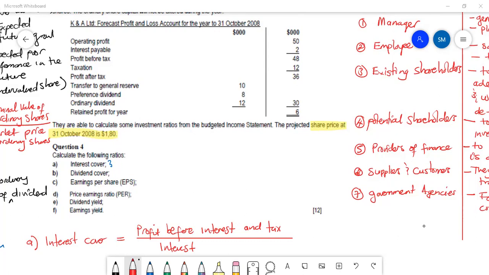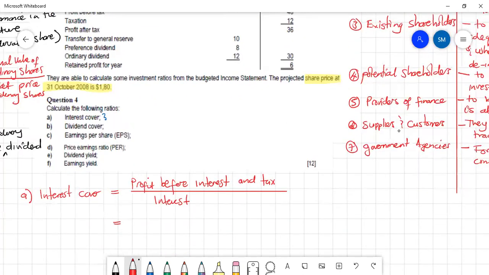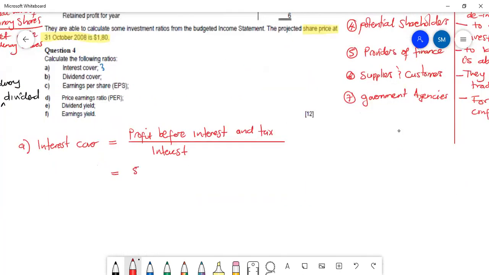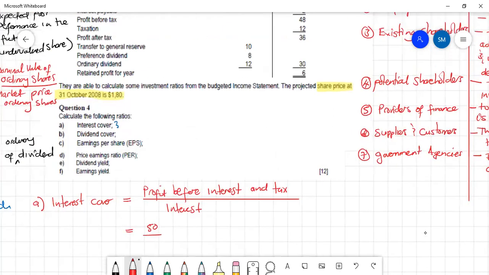Profit before interest and tax is 50,000. So we say 50 divided by what is our interest expense?